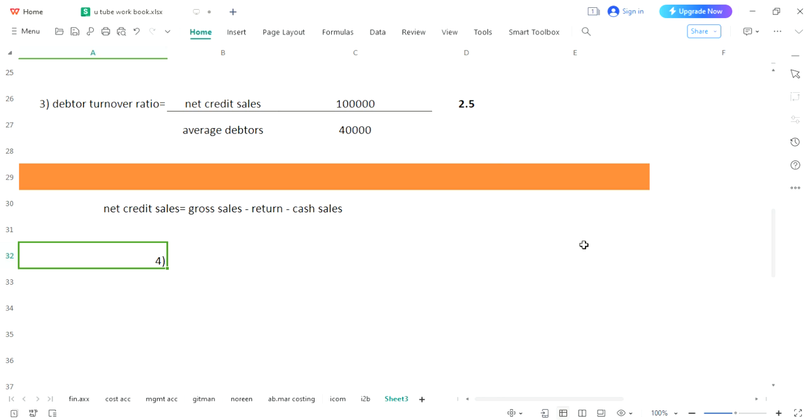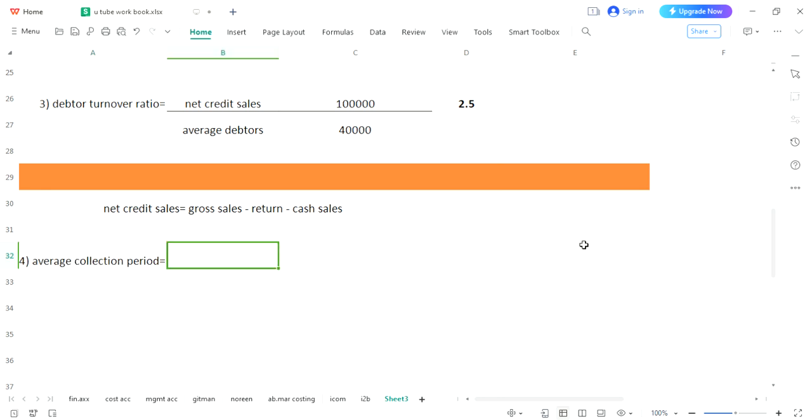So since it is collection period, and we do know how to calculate collection period, for that we need the same formula which we have put over here. Just average debtors will go upside and net credit sales will be written downward. Net credit sales, the T was missing.